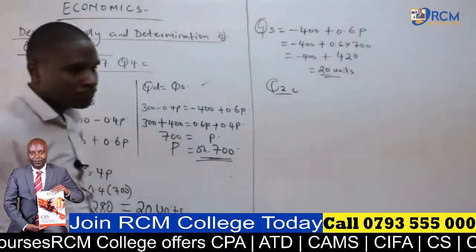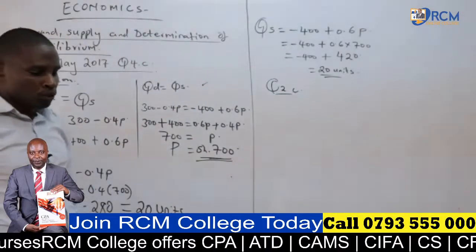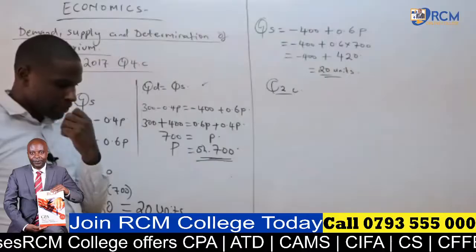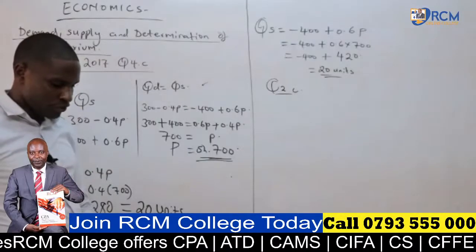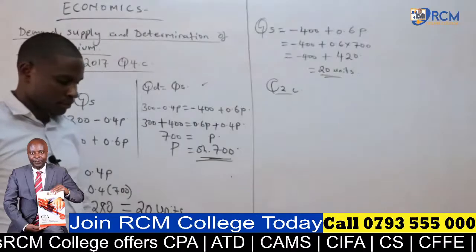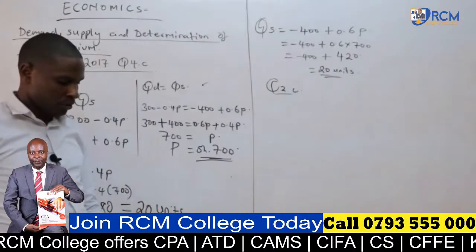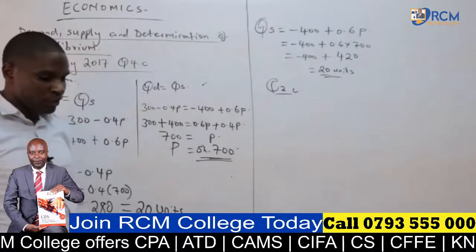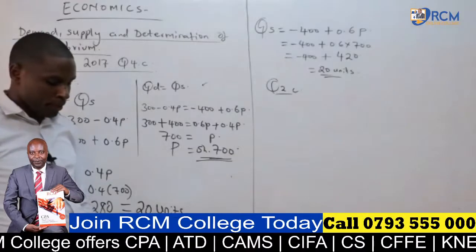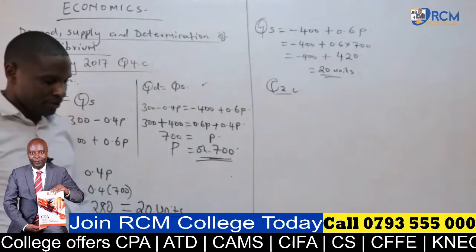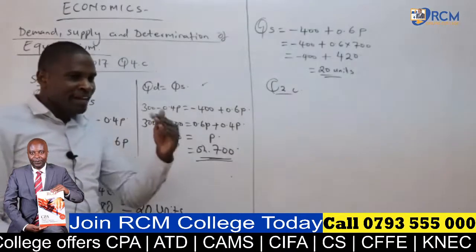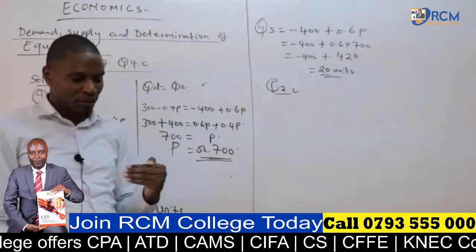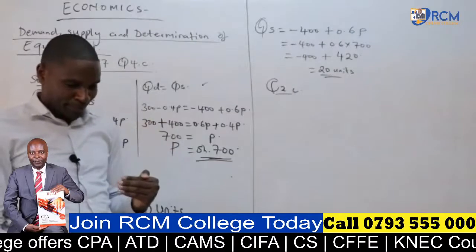Question number 2C. All right. Now, in this question, if you look at it very well, where we have the price of the commodity X and then the quantity consumed of commodity Y, you can see clearly that already there is a pattern. 12, 16, 20, 24, 28.